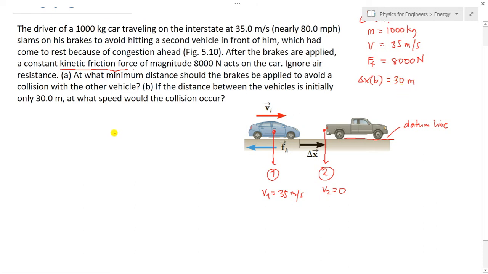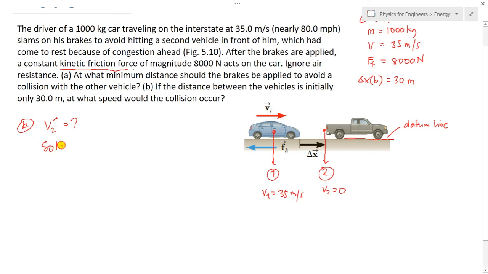Okay, so here what we are to find out is the collision speed, or the speed at point 2 for the collision, or we can just denote this one as v2 prime. So this would be equal to v2 prime. So that is the required.